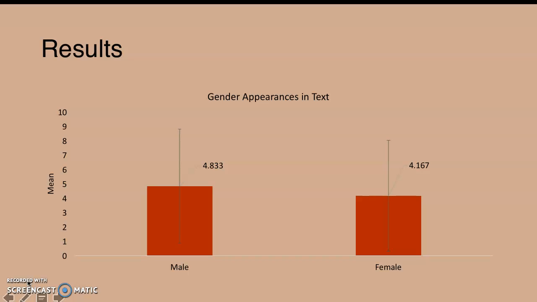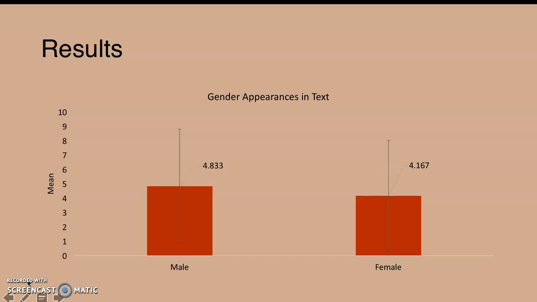As we can see by my results, there is not a significant difference between these means. And if you notice my error bars, there is a very wide standard deviation.